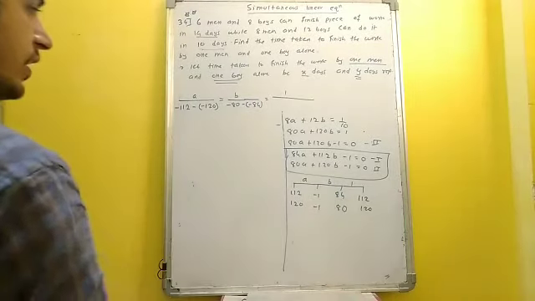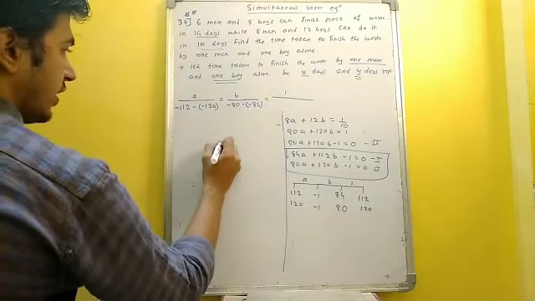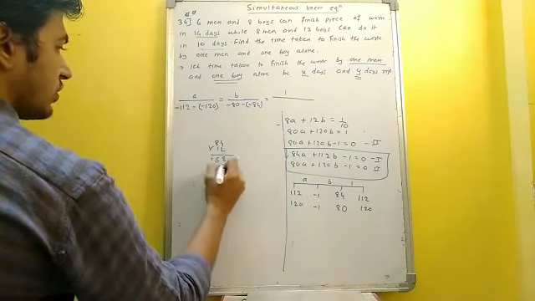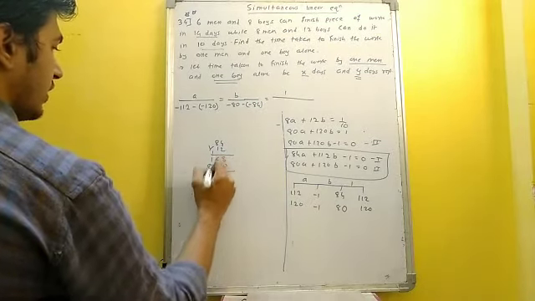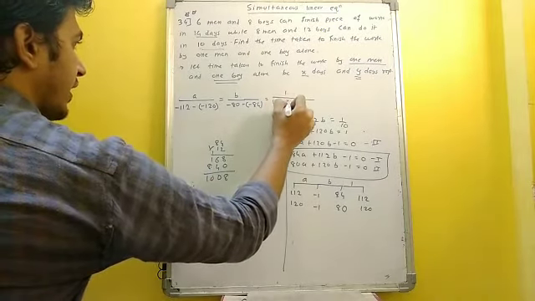84 into 120, or I'll just write 84 into 12, so 4 2s are 8, 8 2s are 16, 1 4s are 4, 1 8s are 8, so 1008.